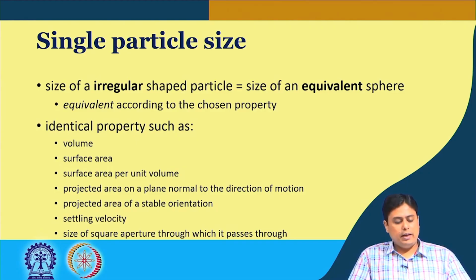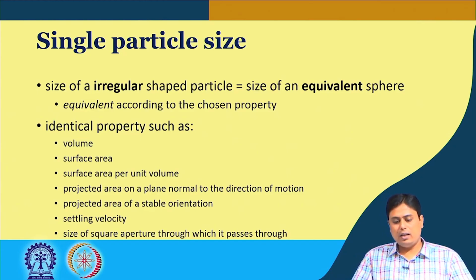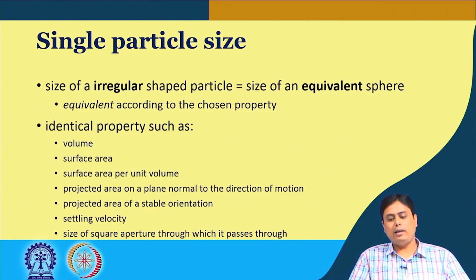There can be a possibility that the surface area per unit volume may be the same in both cases, and then you determine the sphere. Now, why are we sticking to the size of an equivalent sphere? The point is that the spherical particle definition is very easy. A sphere is symmetric in nature. It requires only one dimension to tell its size, because the shape is already spherical.